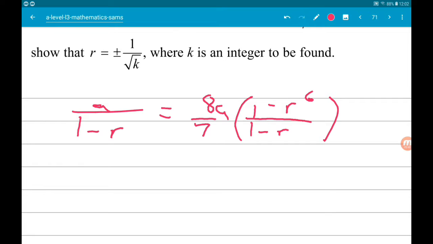So we then get A is 8/7 A times 1 minus R to the 6.